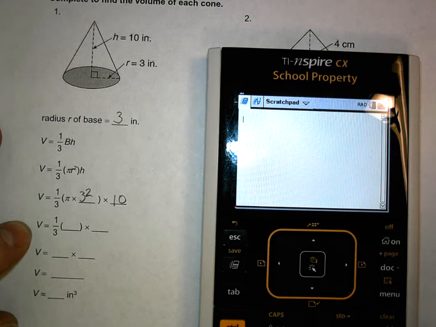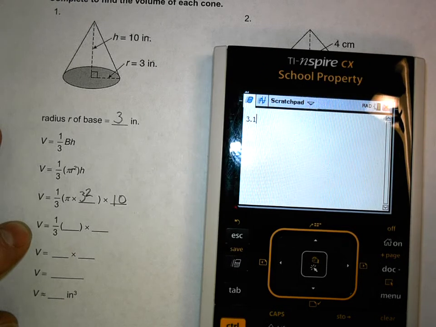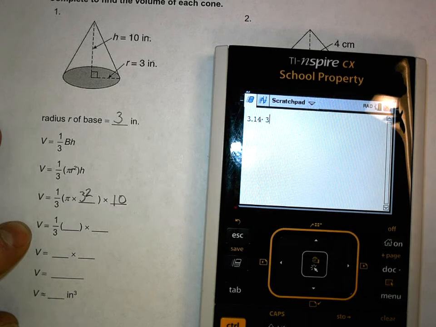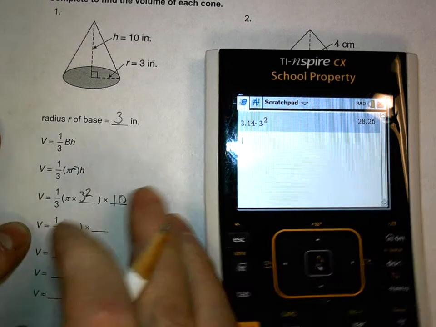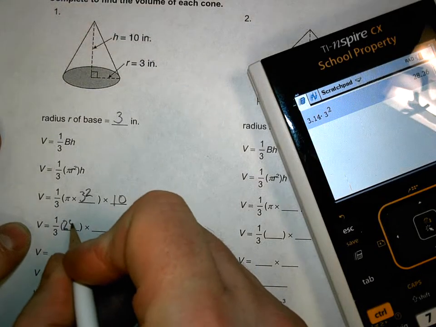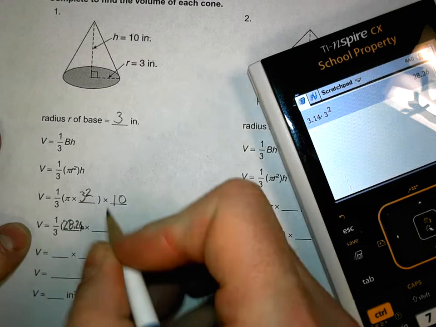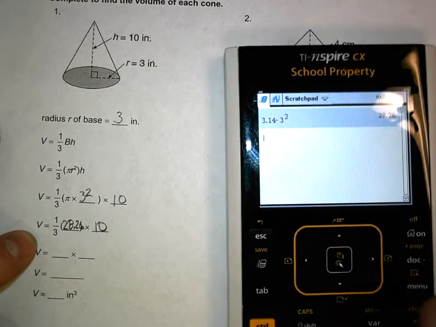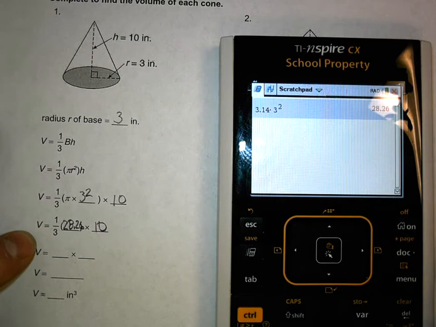So 3.14 times 3 squared. Now I know what 3 squared is, it's 9, but I can just stick it in like that, and I get 28.26 times 10. So 1/3 of 28.26. Up here, 1/3 is just dividing by 3.